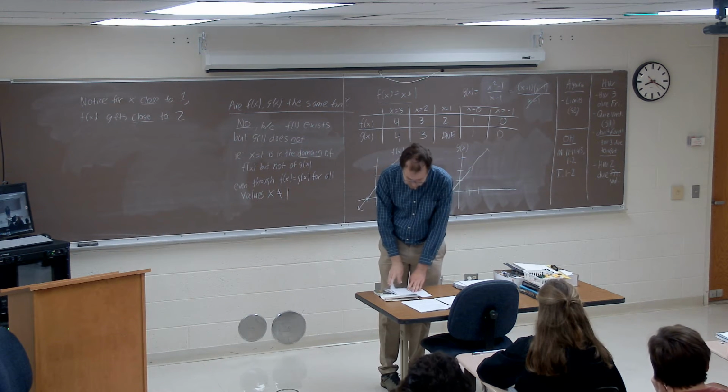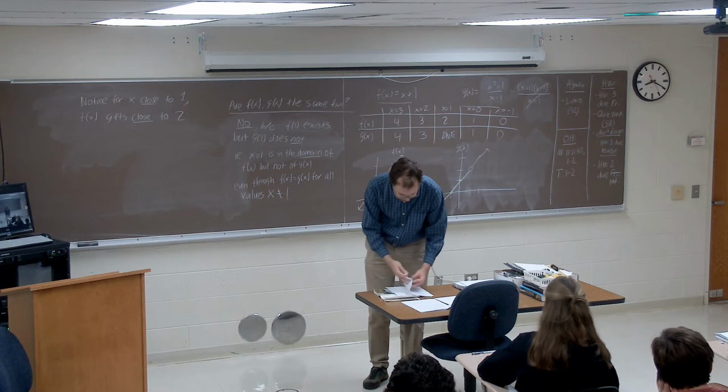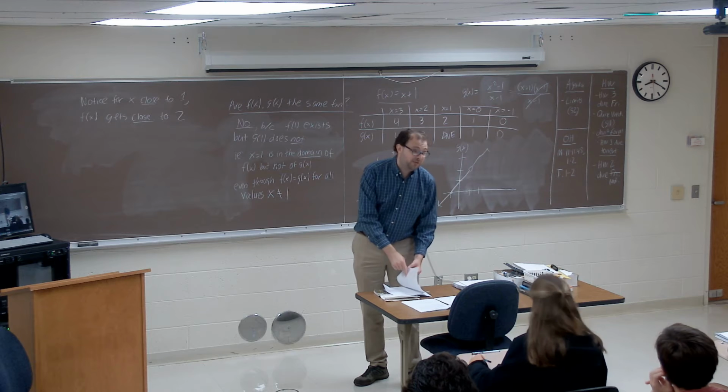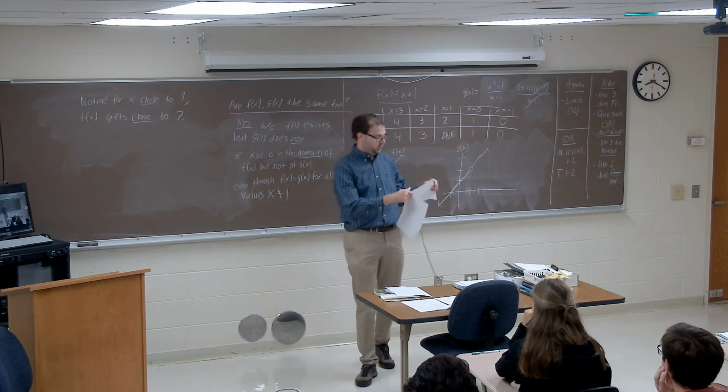And the way we're going to denote that mathematically, oops, sorry, that's supposed to say g of x. It's true for f of x as well, but it's more interestingly true for g of x.